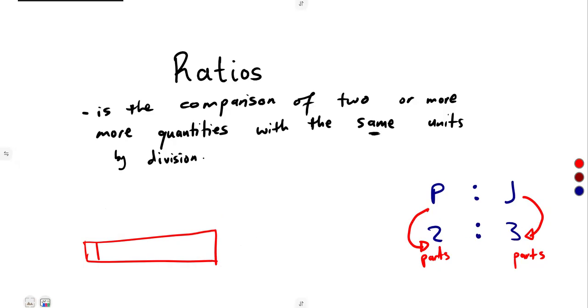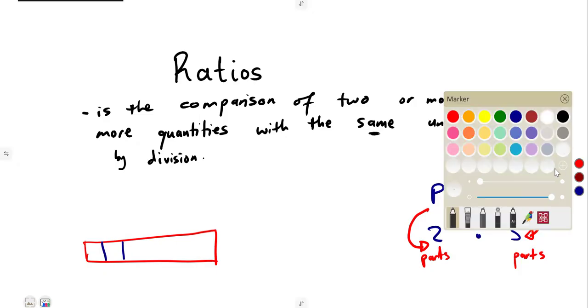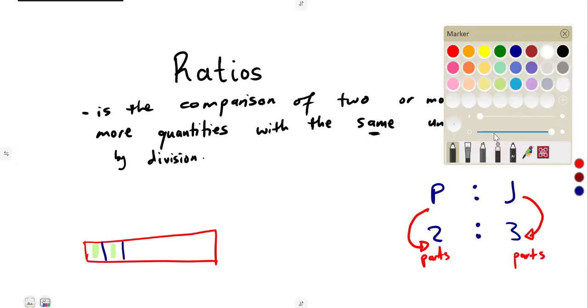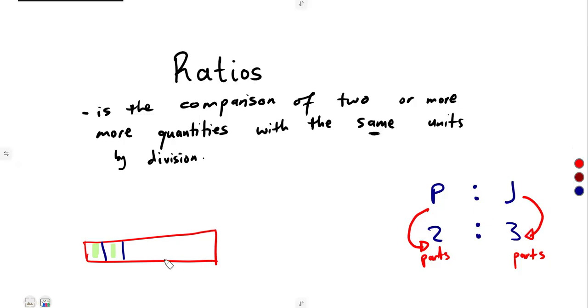Let us just indicate what is happening here. So it's just like this. This one got 2 parts, like this. So this is first part, second part, all right? The other one got 3 of them. So this is 1, 2, 1, 2, 3.